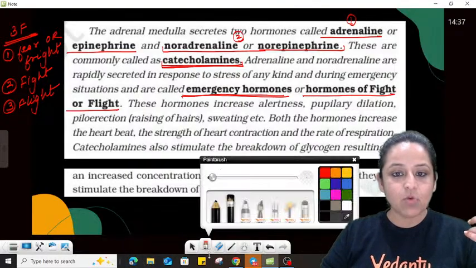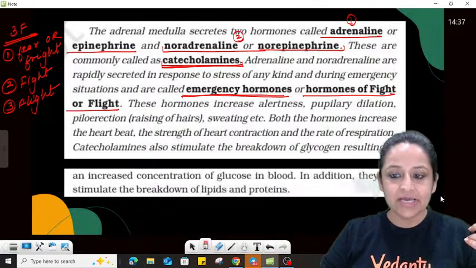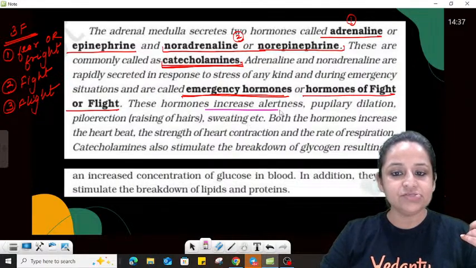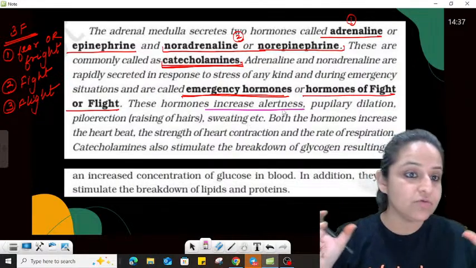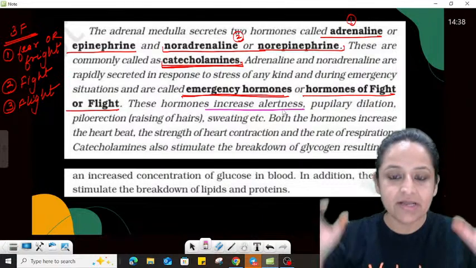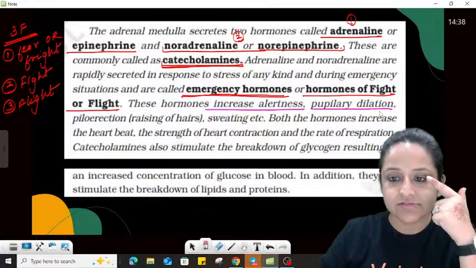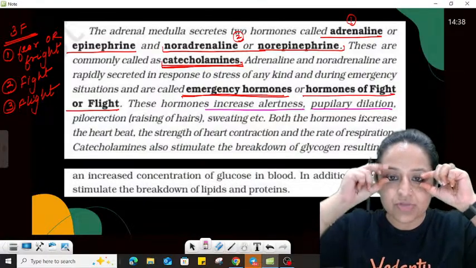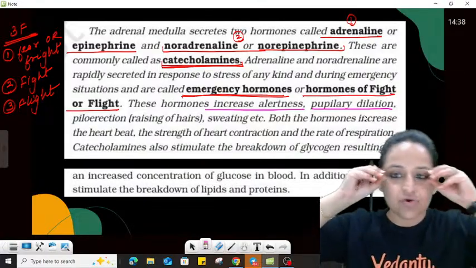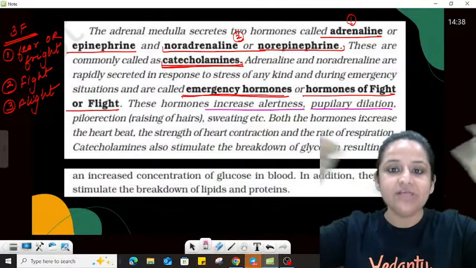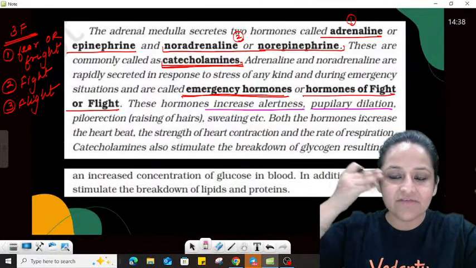For example, what functions are they doing? Number one, they increase the alertness of the body. The body will become more alert of the situation. Second, they dilate the pupils. Pupil dilation, so that if we run to a dark place, our eyes are easily able to see.